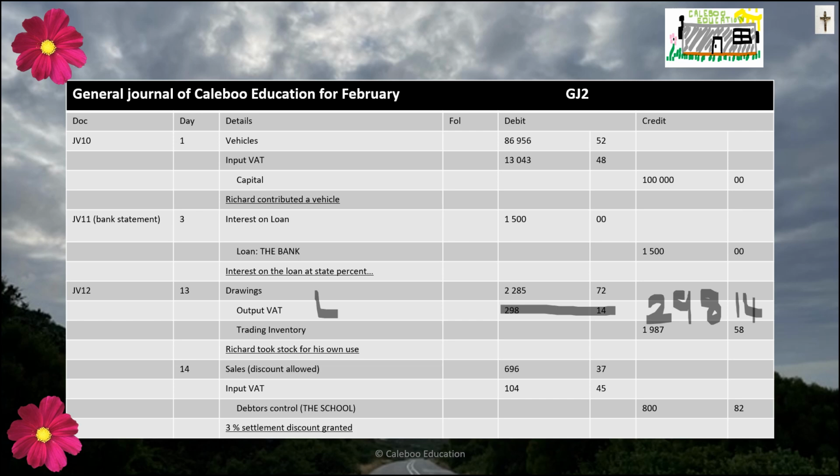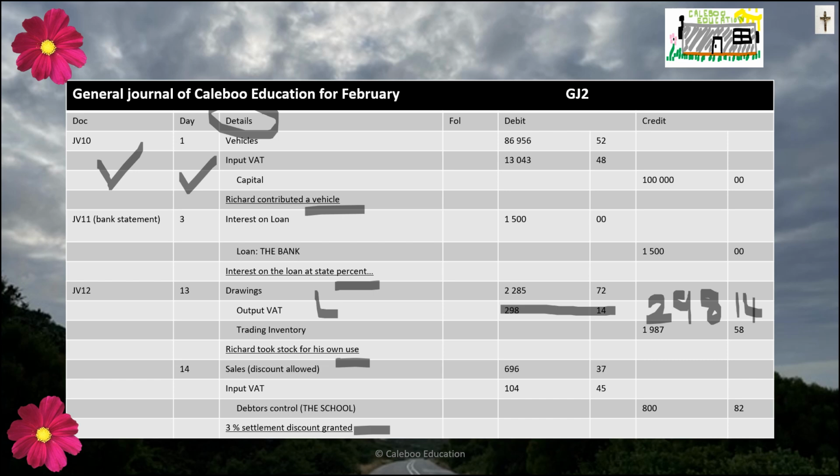Just some revision. Column for document, the day the transaction took place. The column for details, or what goes under details, is the name of the general ledger accounts that are being debited and credited. Each transaction has a little story called a journal narration.